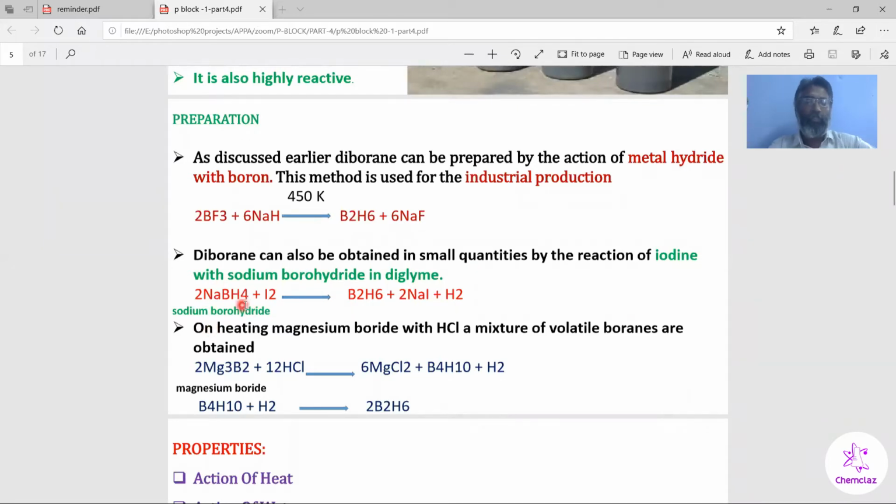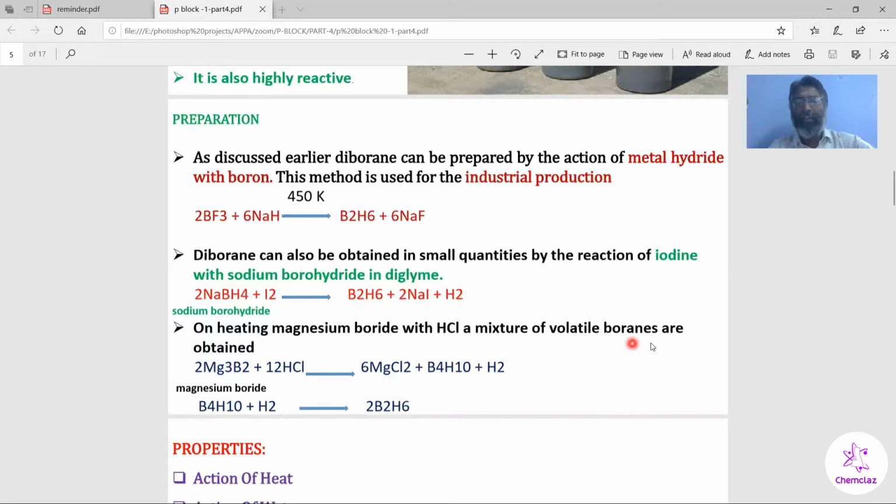The third method is from magnesium boride, Mg3B2. Boron has valency 3 and magnesium valency 2, so you interchange the valencies and get Mg3B2. This magnesium boride is dissolved in hydrochloric acid, which gives a mixture of borane compounds.